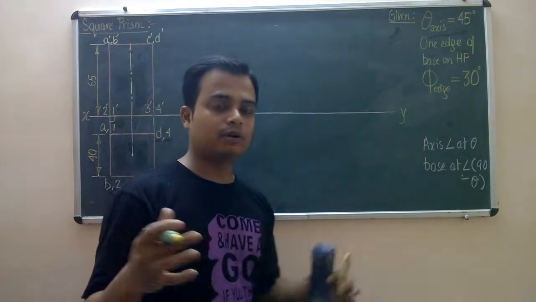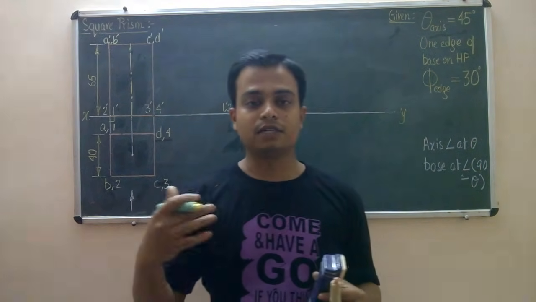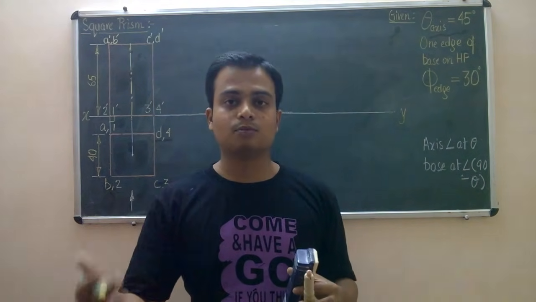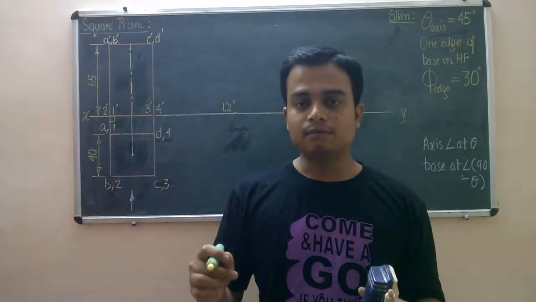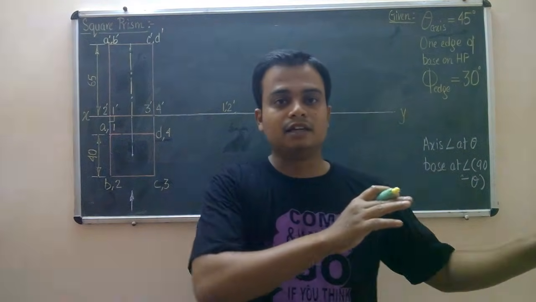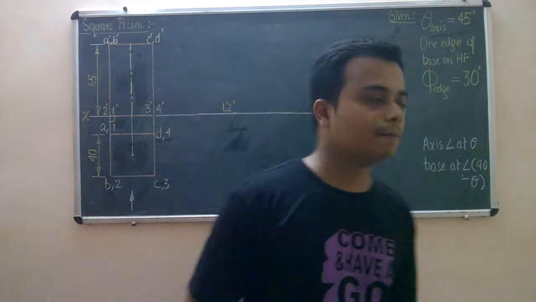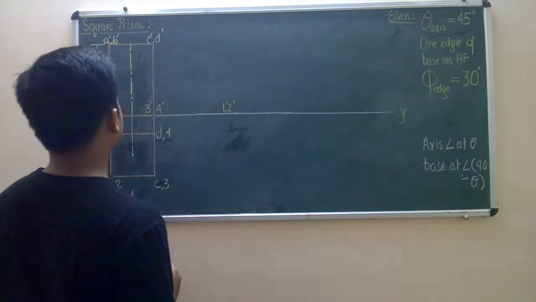This is something you need to remember always. Whenever you are dealing with problems of projection of planes or projection of solids, keep that edge or side perpendicular to XY, which is going to make a certain angle either with HP or VP in step number 3. Please remember. Fine, let's move ahead.